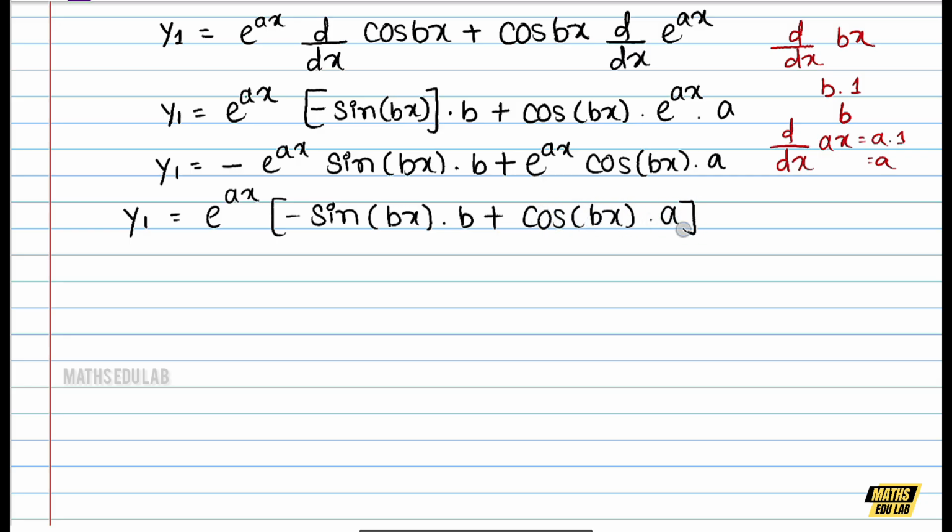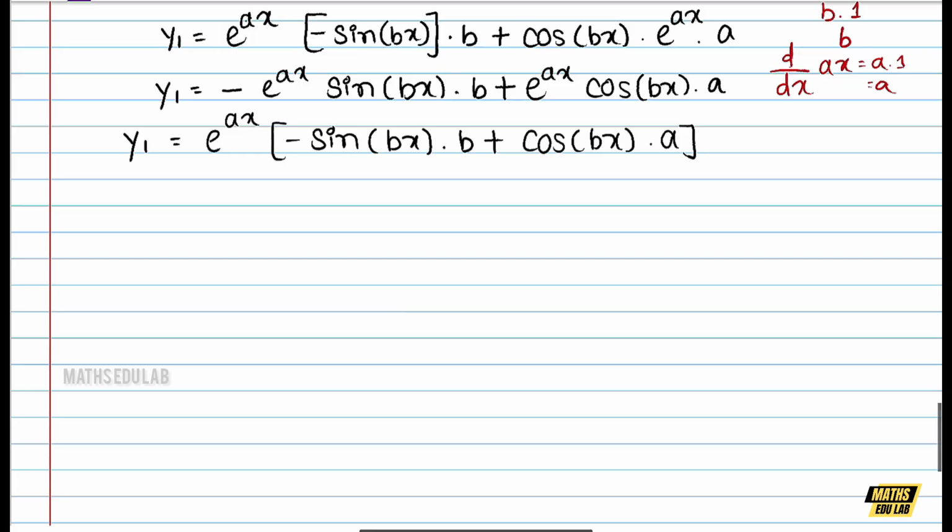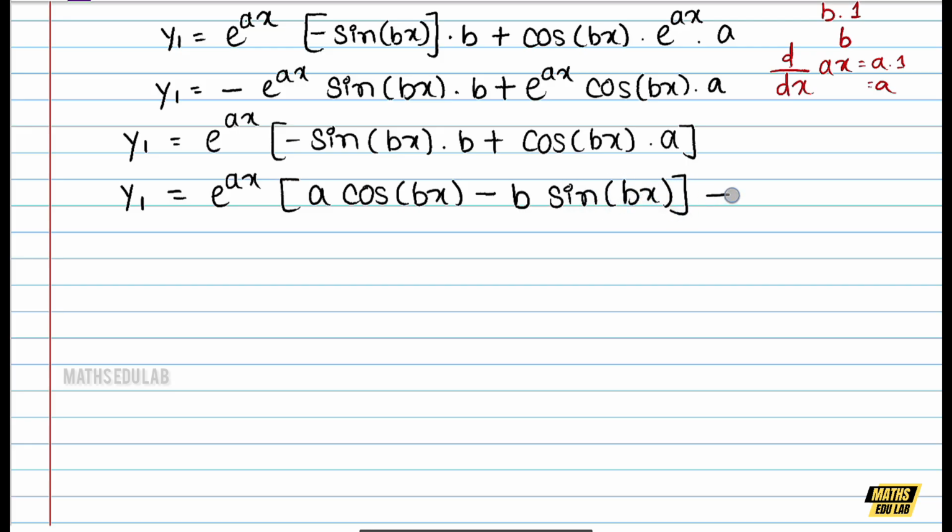Now rearranging this, I can write y1 is equal to e to the power of ax, then a cos bx, writing the a value first, then minus b sine bx. So this is our first equation. Let's consider this as our first equation.